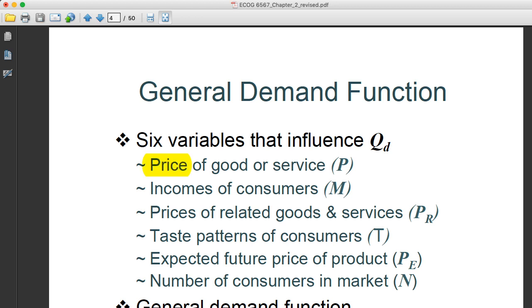The price of the good: the more costly it is, it's a tendency. If something costs more, people want less of it, right? Just because of their limitations. Ultimately, their incomes are going to influence the quantity demanded.